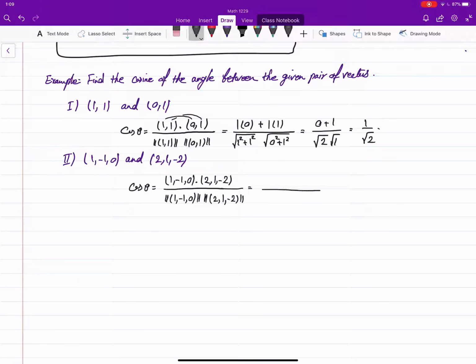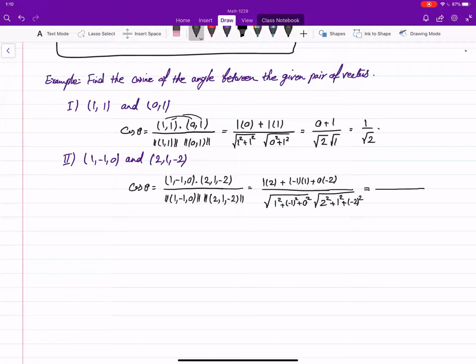Well, dot product here is first component times the first component plus second component times second component plus third component times the third component. Then the length is square each component, add them, find the square root, and then same goes here. 2 squared plus 1 squared plus -2 squared.